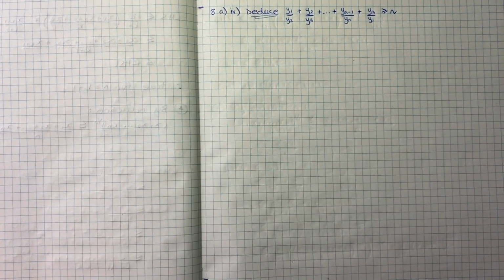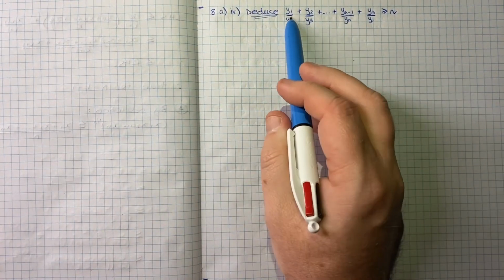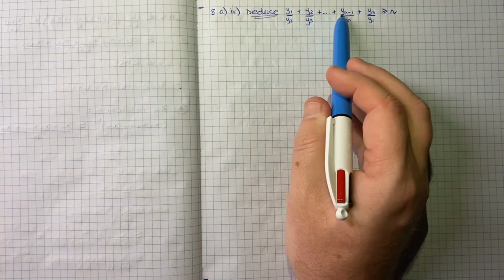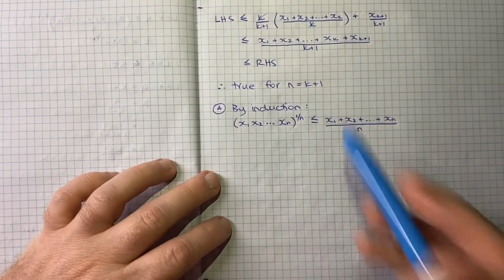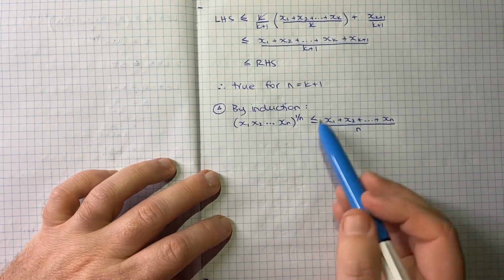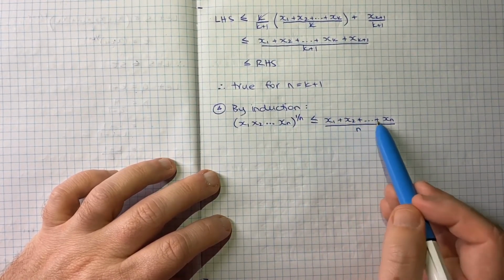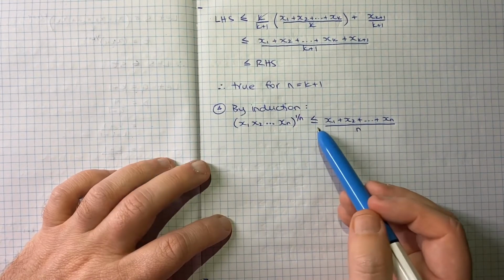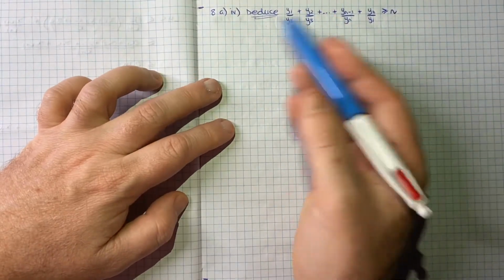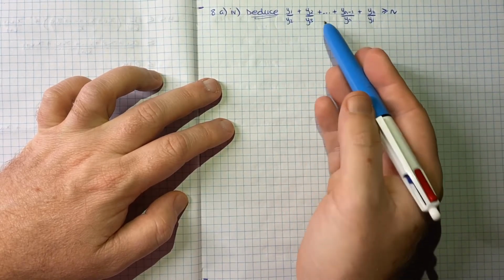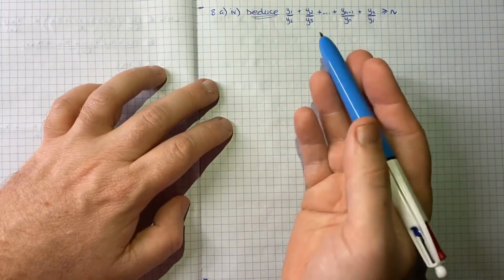Here we've got something plus something plus something and so on, and an inequality. And over here we have the other way around, but something plus something plus something and so on, and an inequality. So a good place to start is to define all of this in terms of what we just used, in terms of x.